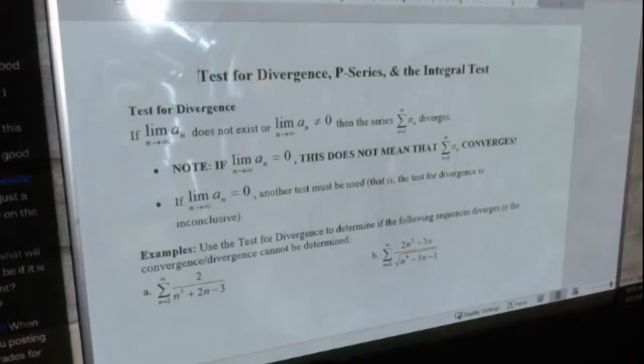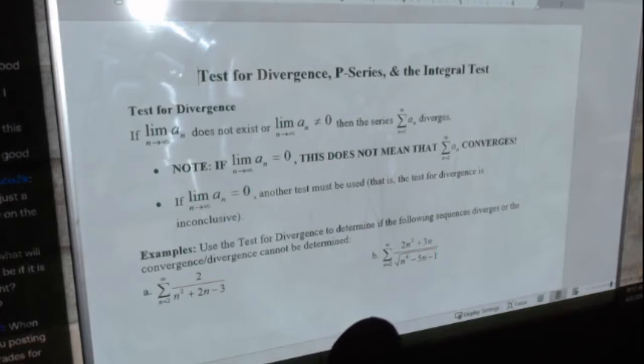Maybe a better statement to remember is that if the limit gives you back 0, it does not mean it converges, and the next bullet tells you another test must be used.